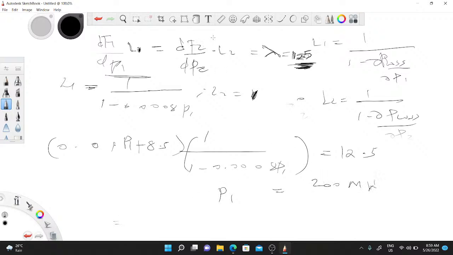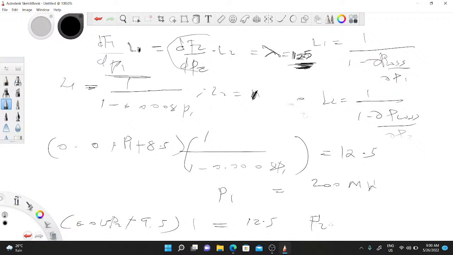Also, we can use this equals this to find P2. Now I know what L2 is. L2 is 1. So I'll do 0.015 P2 plus 9.5 times 1 for L2, supposed to be equal to the incremental 12.5.